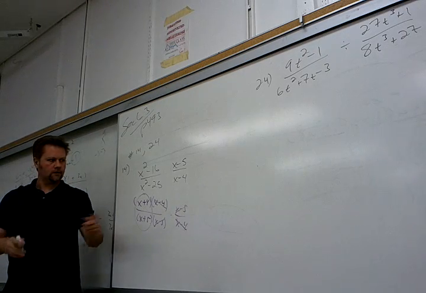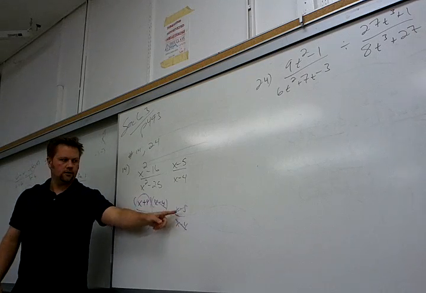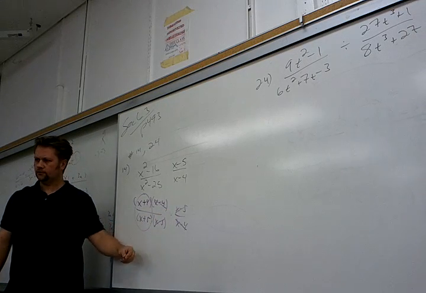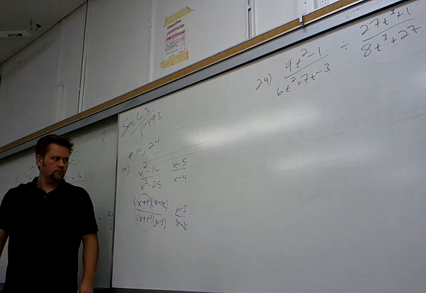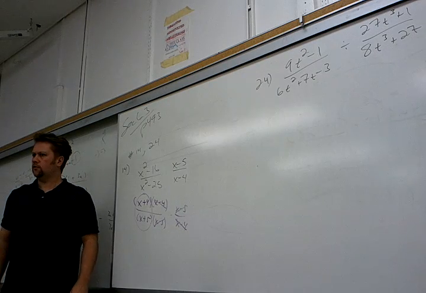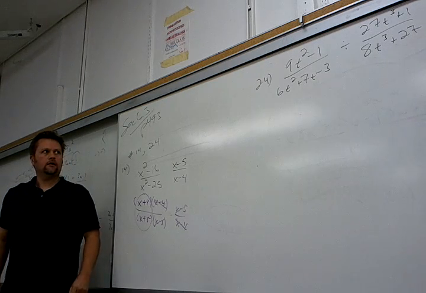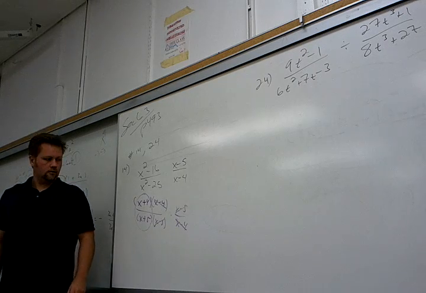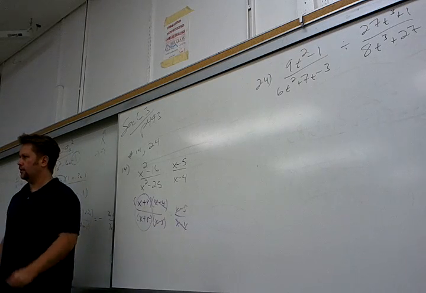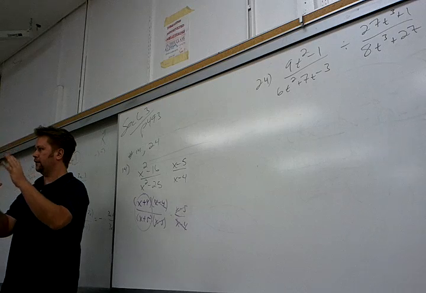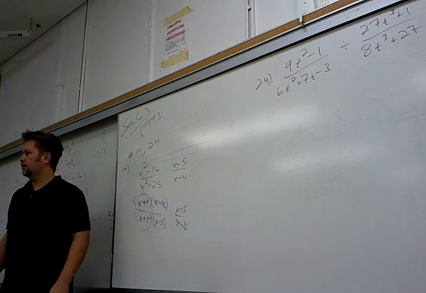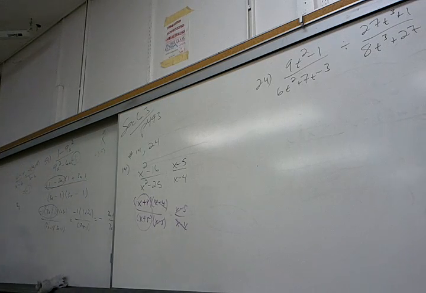X minus 4 is canceled, x minus 5 is canceled. So the answer is x plus 4 over x plus 5. Because those are the things that are left alive. The survivors.